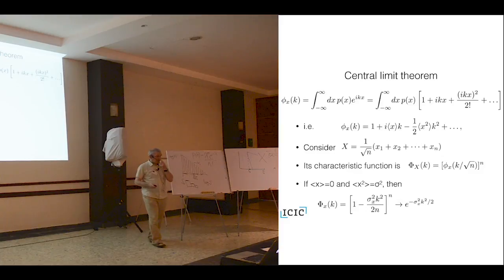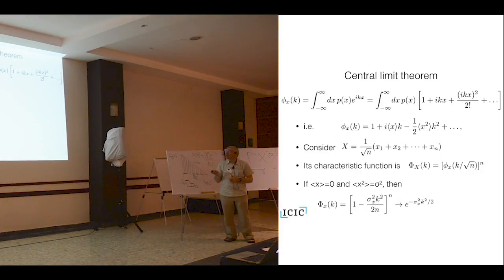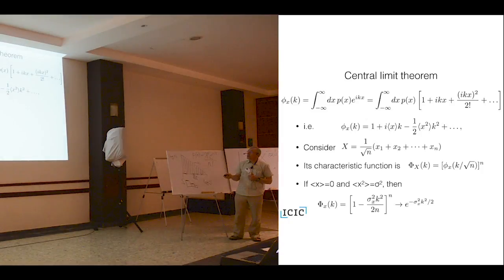Okay, so this leads us towards the central limit theorem, which is to look to see what happens when n tends to infinity in this case. So, just to remind you what Leacher said this morning, if we take the characteristic function of the p of x, and expand the exponential as a power series, then the characteristic function is 1 plus i times the expectation value of x times k, plus another term that depends on the expectation value of x squared, and so on.